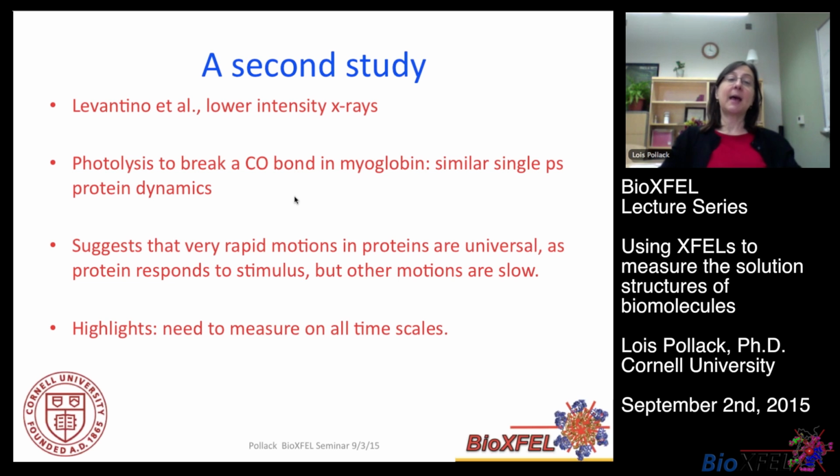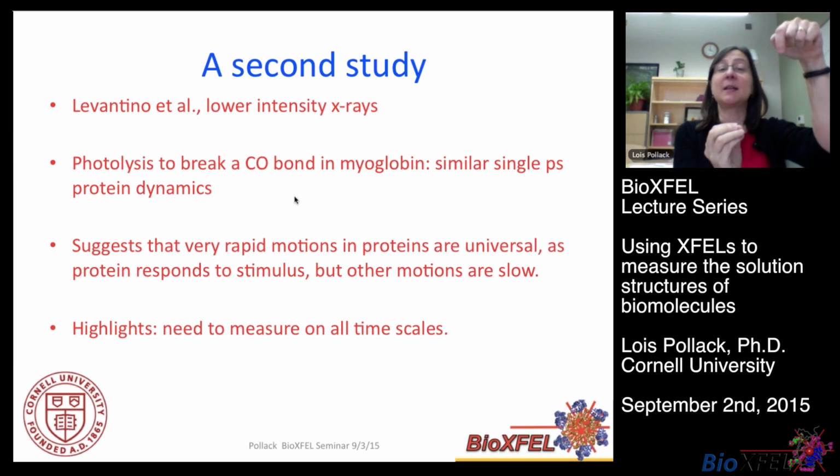And so just to step back, to interpret their paper, and I'm summarizing their paper in a very short bullet point here. I encourage you to read both of these papers. But the suggestion is that these very rapid motions in proteins may be universal. And a very nice suggestion from this particular manuscript is that here the protein is responding to a very well-defined stimulus.